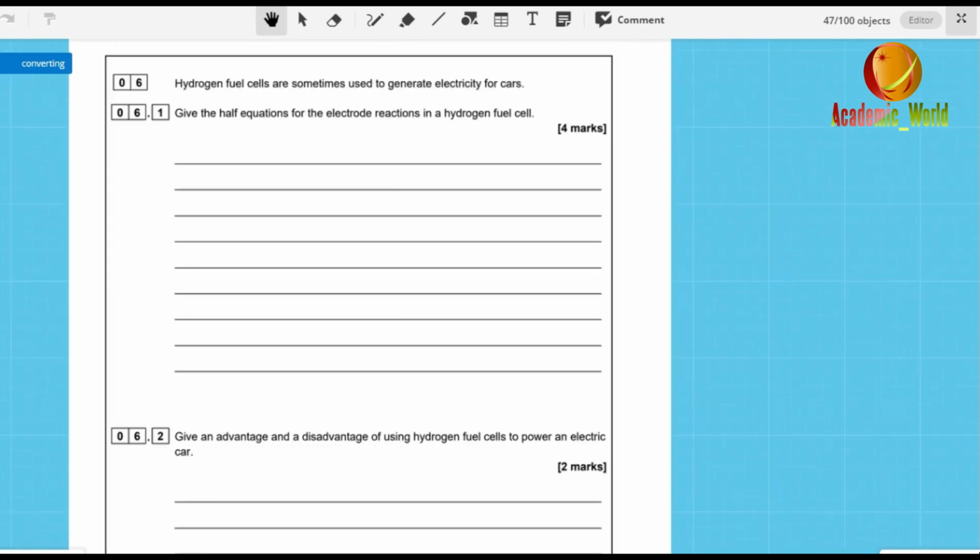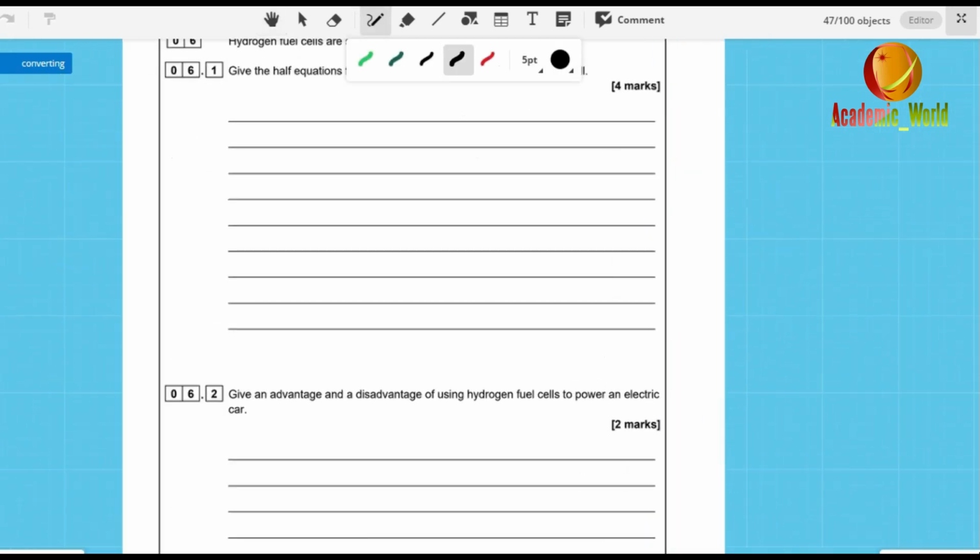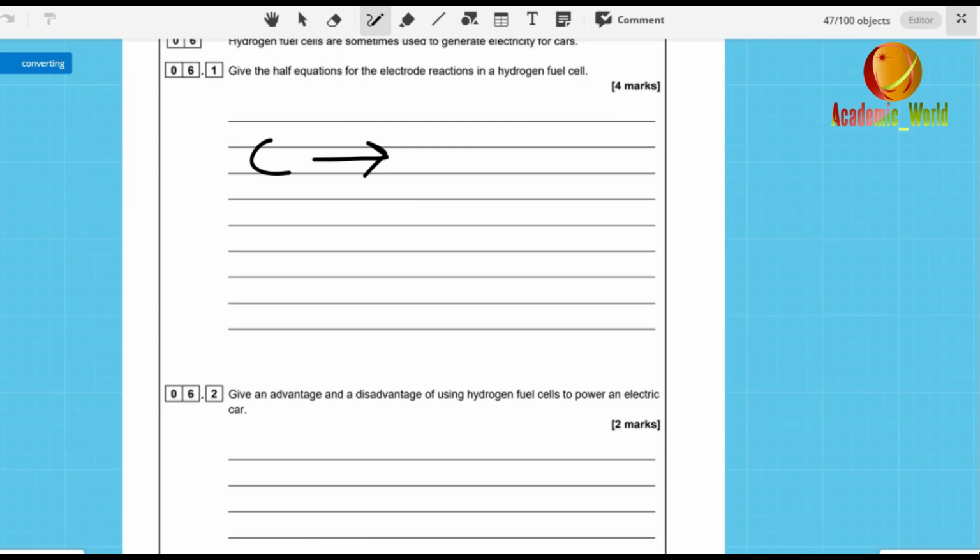Now the next question: hydrogen fuel cells are sometimes used to generate electricity. Give the half equation of the electrode reactions in the hydrogen fuel cell. It's easy because you know that at the cathode, what will happen?